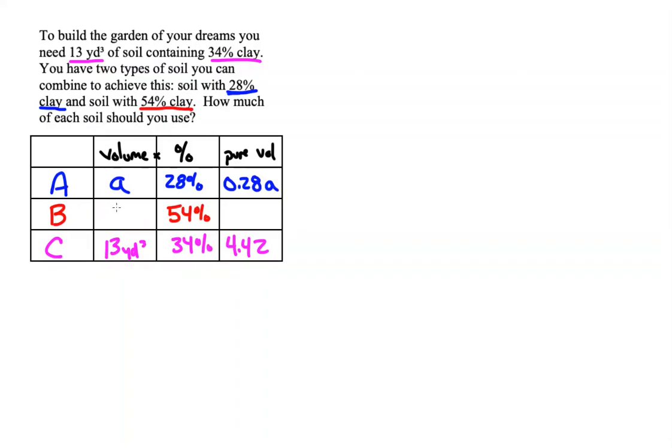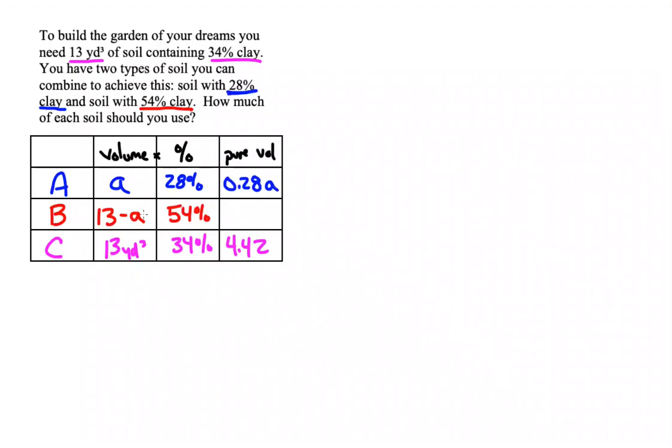So the volume here would be 13 minus A. If I take A plus 13 minus A, the A's go away and I'm left with 13. That's what I want right there. So yes, that's the appropriate volume, 13 minus A.